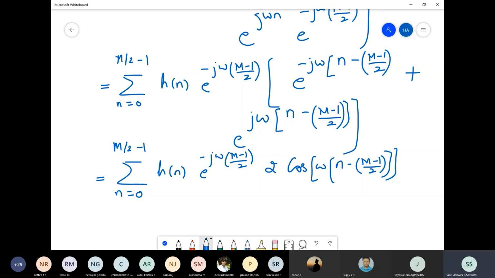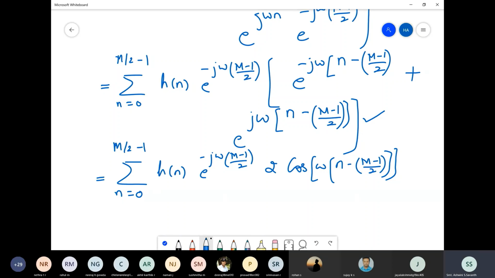Is that fine? The reason for simplifying it is to write it in the polar form first of all, so that we can separate out the magnitude term and the phase term. When you're doing that, you should also make sure that the exponential terms in the bracket are written in some real form, either cos or sine. That is how it turns out to be cos here.